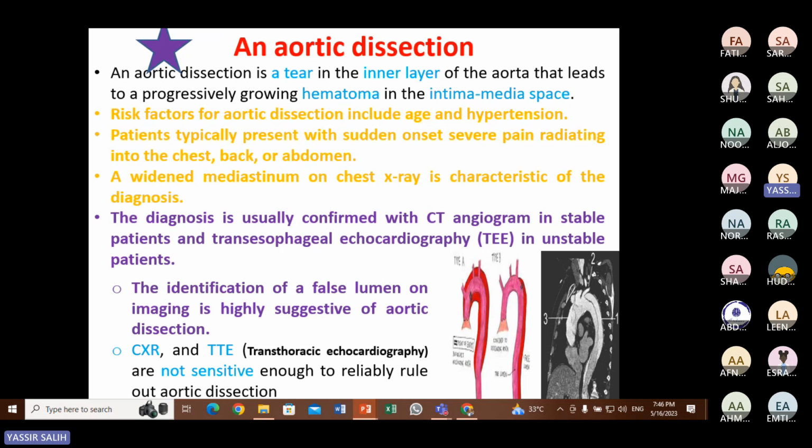Aortic dissection, very important. How do we diagnose aortic dissection?